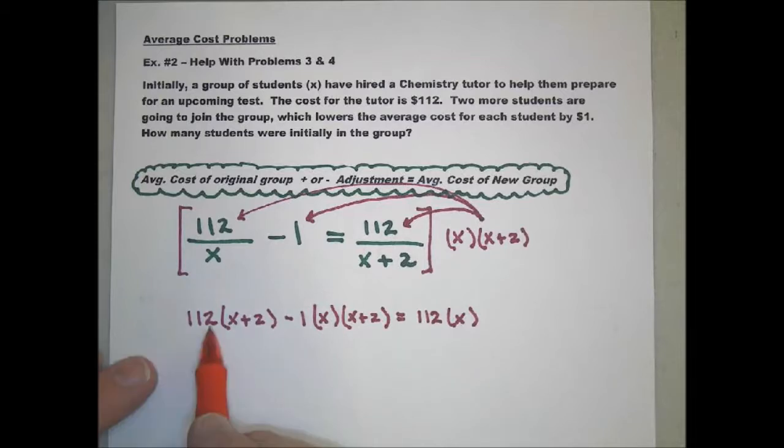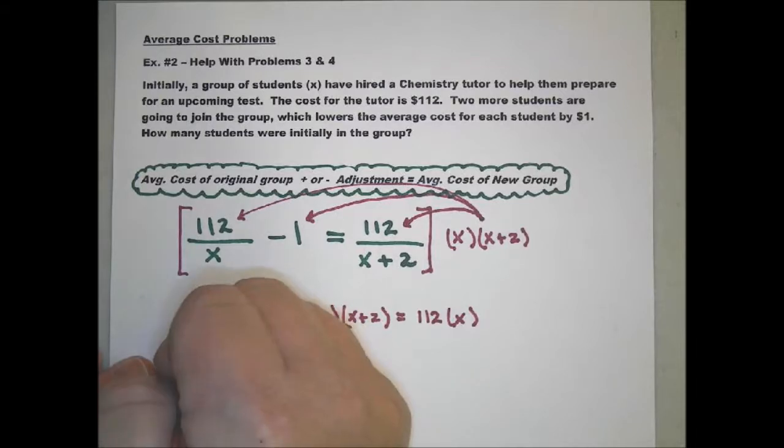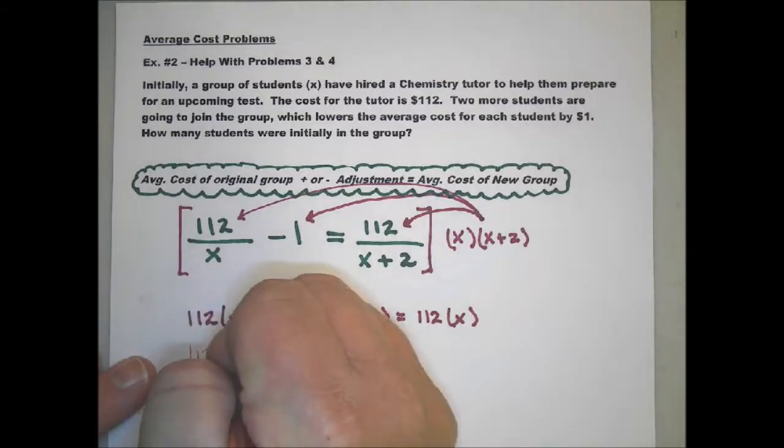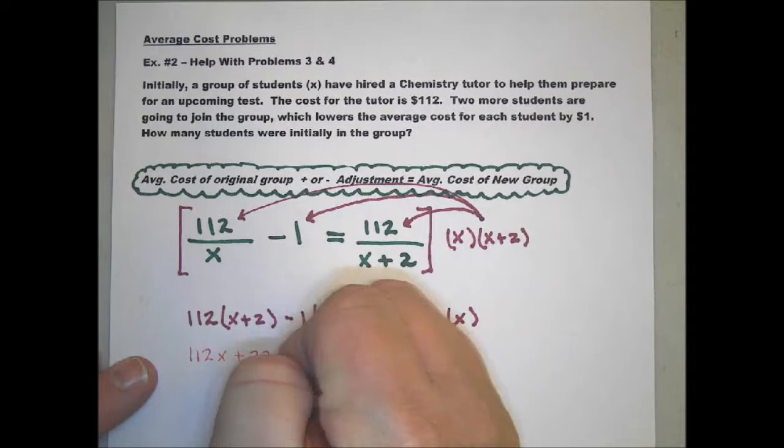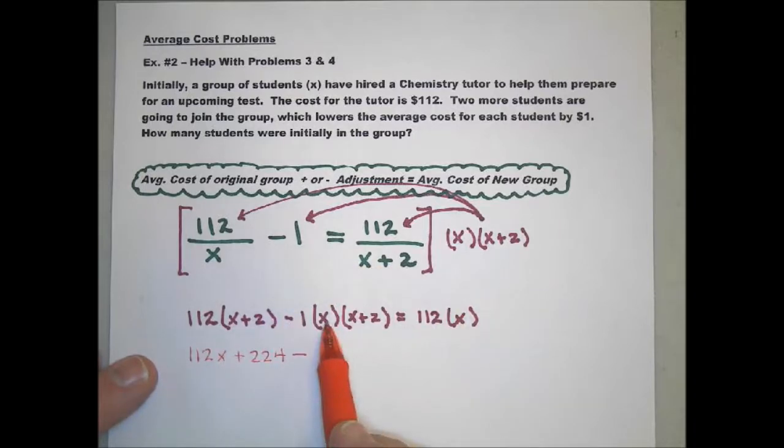I'm going to distribute 112x plus 224 minus, now x times x plus 2 is x squared plus 2x.